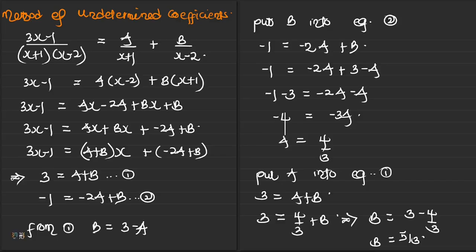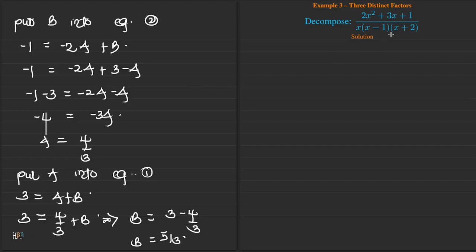So with that said, let's look at our last question for this session. Looking at our last question, you realize that it says we have to decompose 2x squared plus 3x plus 1 all over x into bracket x minus 1, then x plus 2.